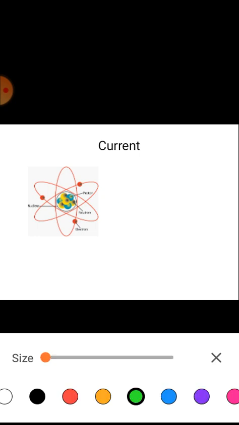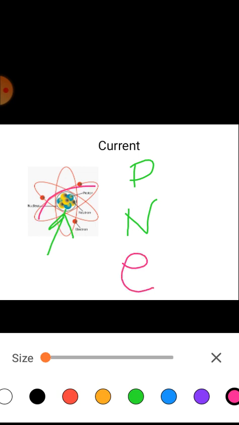A molecule is made up of a number of atoms, and the central part of an atom is called the nucleus. In that nucleus, protons and neutrons are present, and electrons revolve around the nucleus. Protons are positively charged, electrons are negatively charged, and neutrons have no charge.